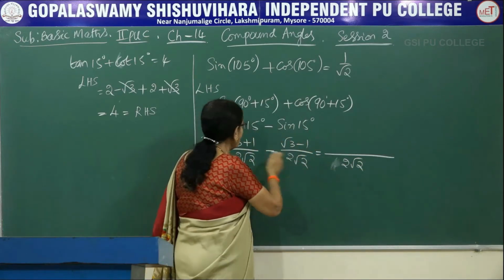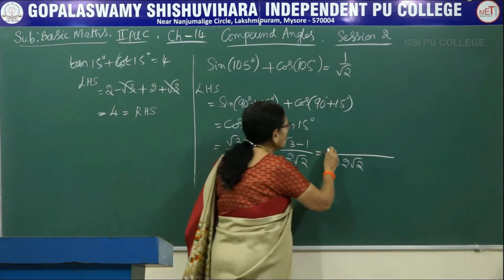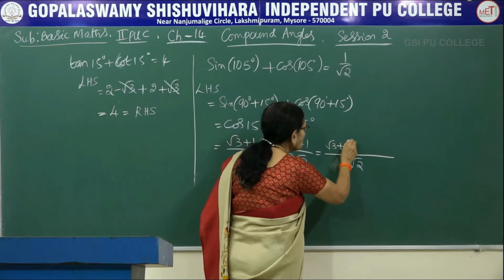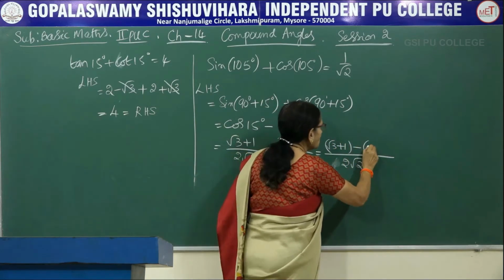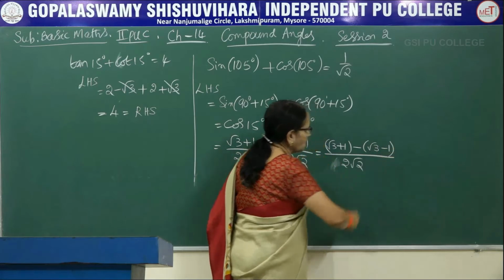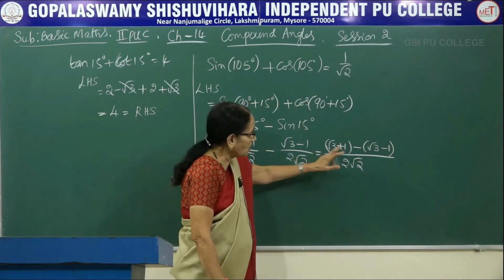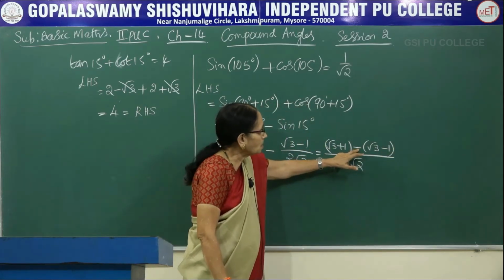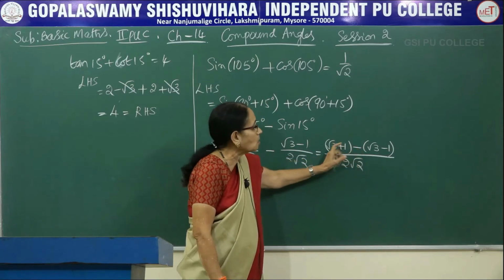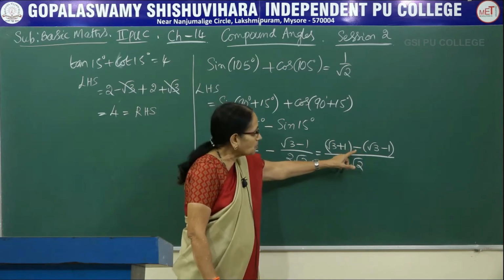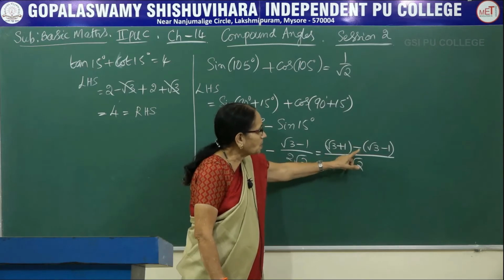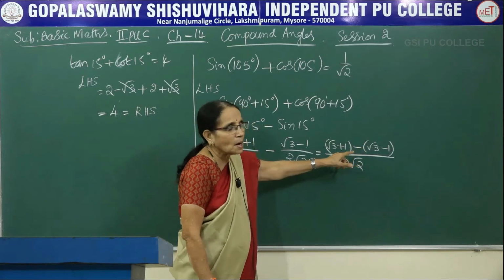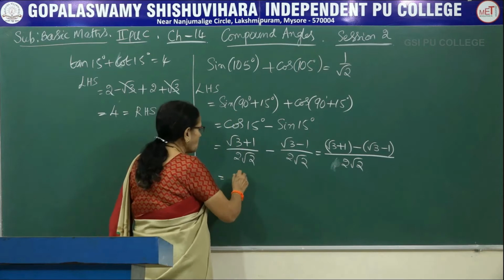And so when the denominator is the same, we can directly write the numerator. It is root 3 plus 1 minus (root 3 minus 1). The reason I am using the bracket is that if we had a positive sign we could have written it directly, but because of the minus sign, you have to write the bracket so that both the terms are multiplied by the minus sign. So remove the bracket.